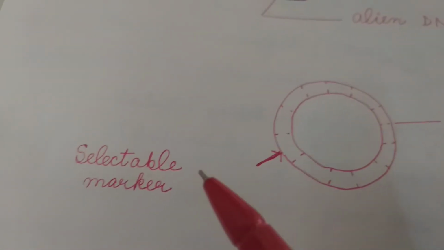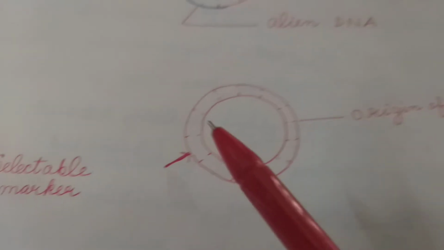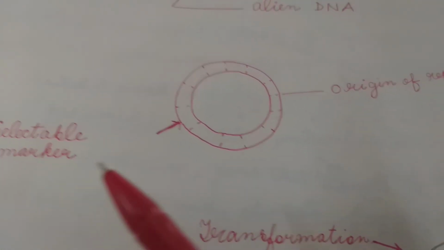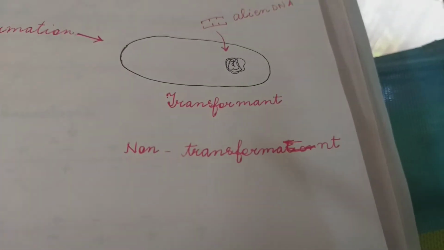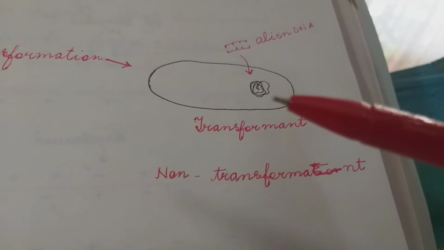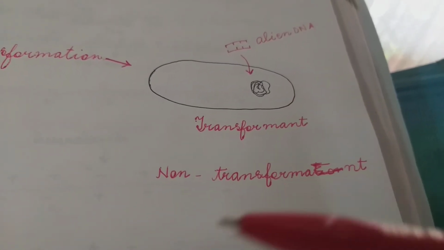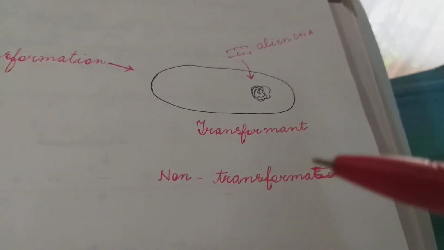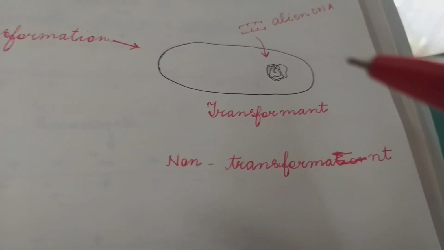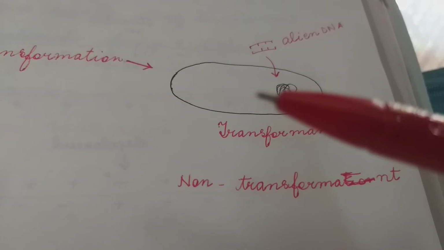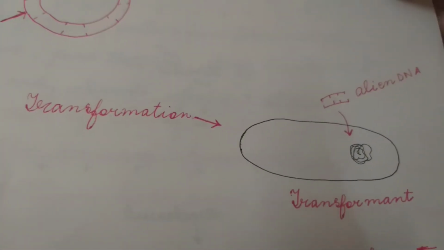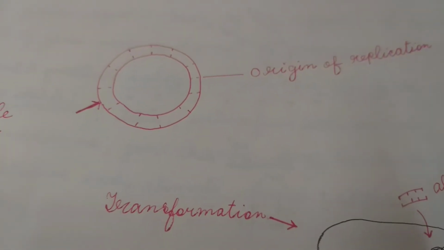So a selectable marker is a gene in the cloning vector which helps in identifying which one is a transformant and which one is a non-transformant. It helps in eliminating non-transformants, and in identifying and allowing the growth of transformants. So a selectable marker must be present in the cloning vector.